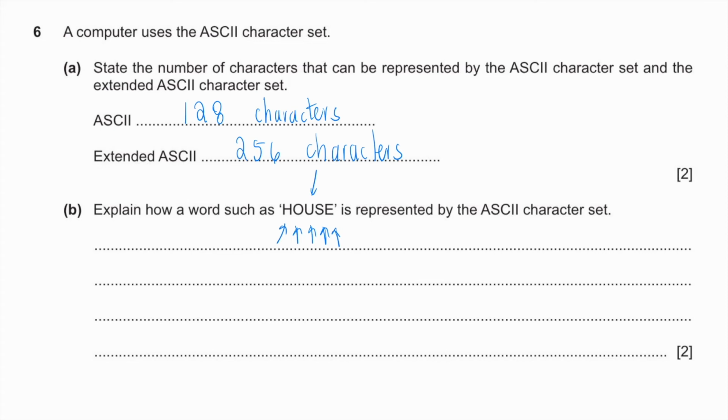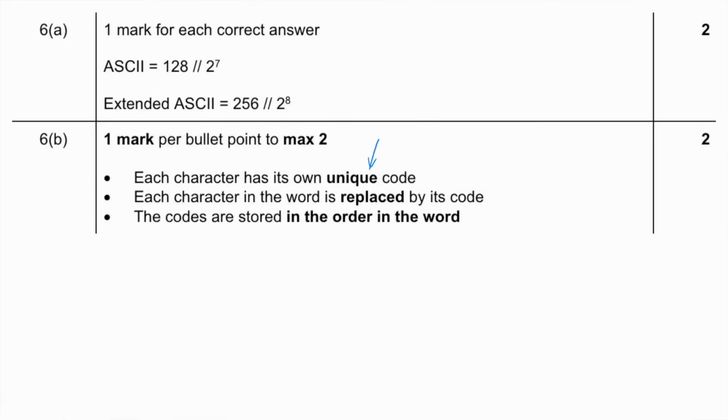So H in uppercase, O in uppercase, etc. And then we're going to take those binary values and put them in the same order as the letters in the word. So we'd have the binary value for H followed by O, U, S, and then E. Now if we go to the mark scheme, basically what that looks like is each character has its own unique code. Each character in the word is replaced by its code, and the codes are stored in the order in the word.